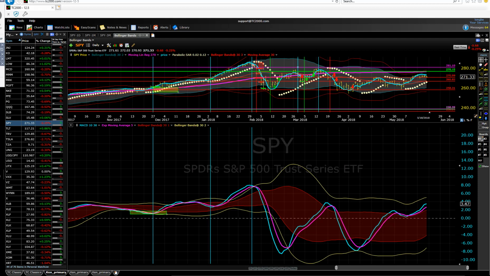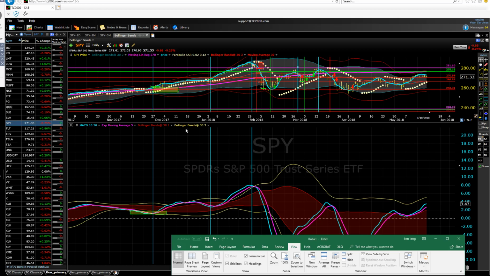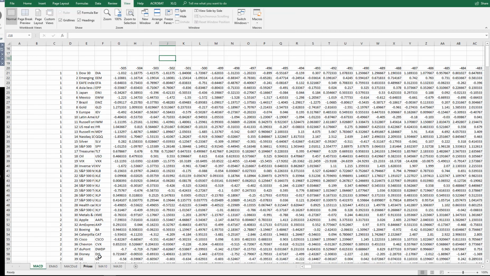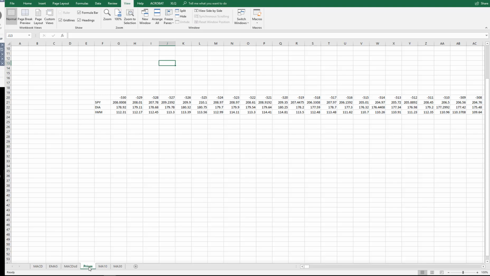So the first thing I did was I wanted to make sure that the calculations inside Excel or XLQ were consistent with the signals I was seeing on stock charts. So I went back like 530 days, and I picked my usual 3 indexes just to check.